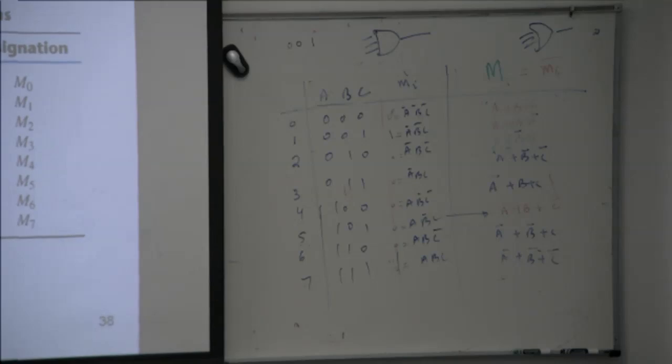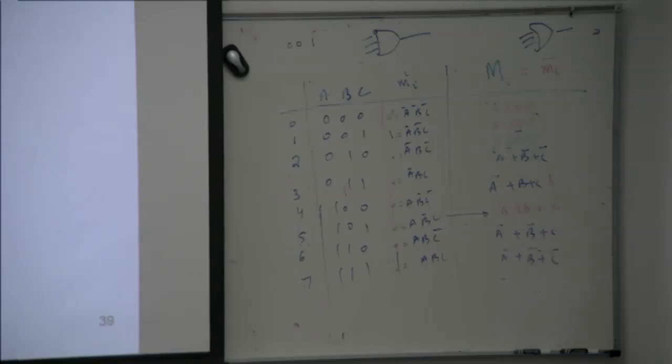Now we have a function of how many variables? 3 variables. The min terms contain how many literals? 3 literals. Each min term contains 3 literals. Each max term contains 3 literals.